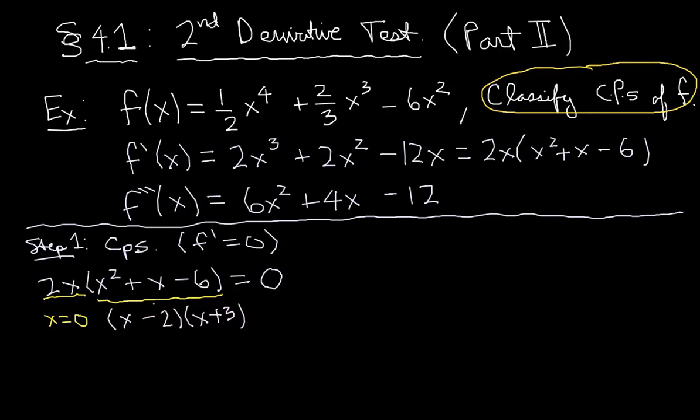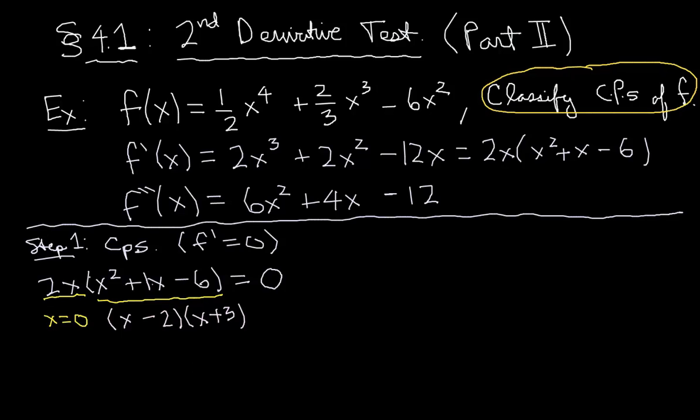It's quadratic, so in order to factor it, we know it has to factor as x plus something times x plus something. And we just have to find what those numbers are. The easy way is just to find two numbers that multiply to negative 6 and then add to 1, because that's the coefficient in front of the x. So what two numbers are those? Positive 3 and negative 2.